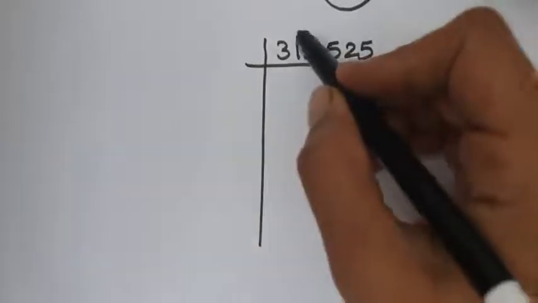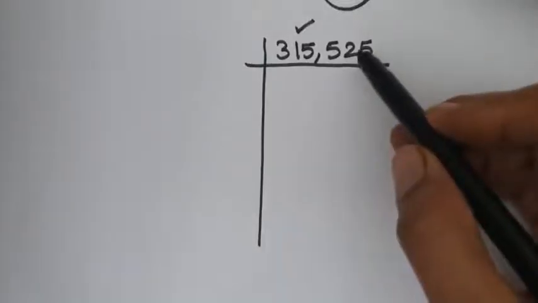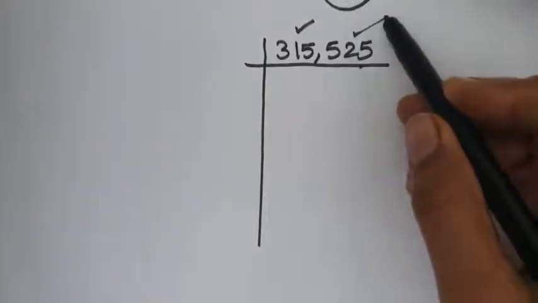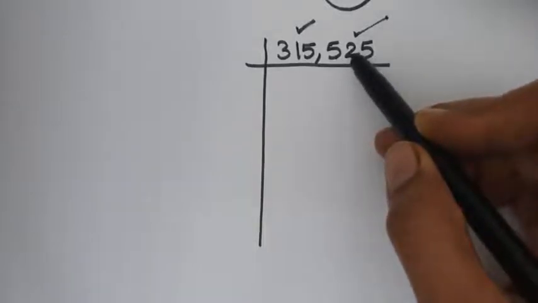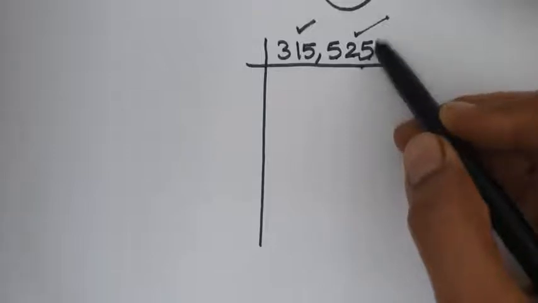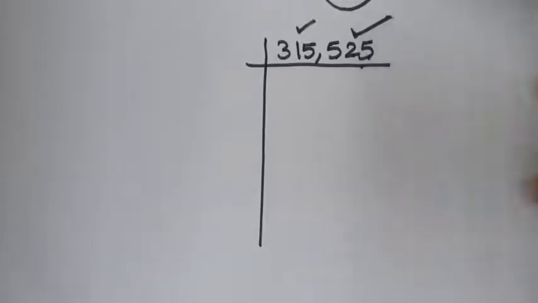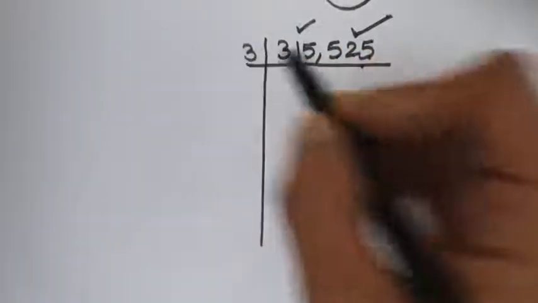Yes, this is divisible by 3. Let us check, is this number divisible by 3? 5 plus 2, 7. 7 plus 5, 12. So this is also divisible by 3. So 3 I will write here.